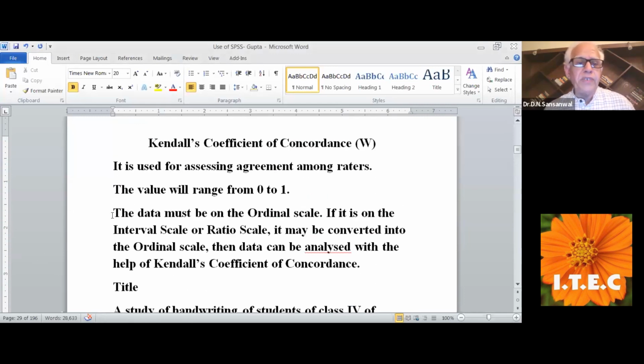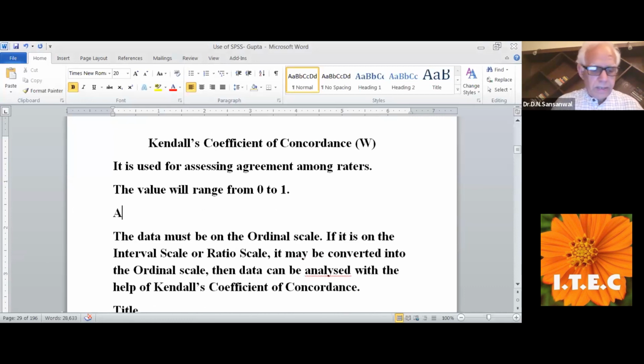This is the assumption, the assumption is only one. So if you want to have 10, no problem.